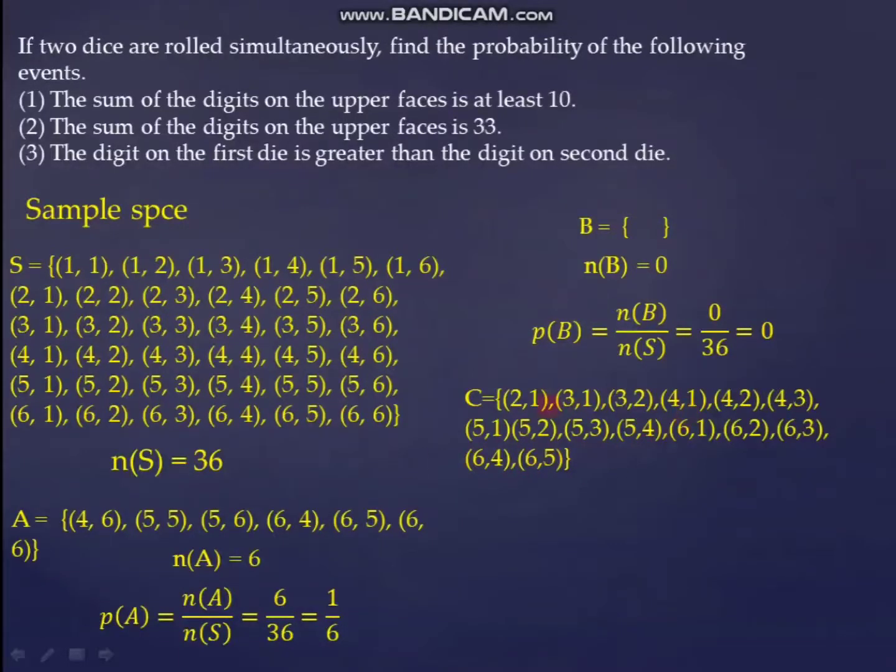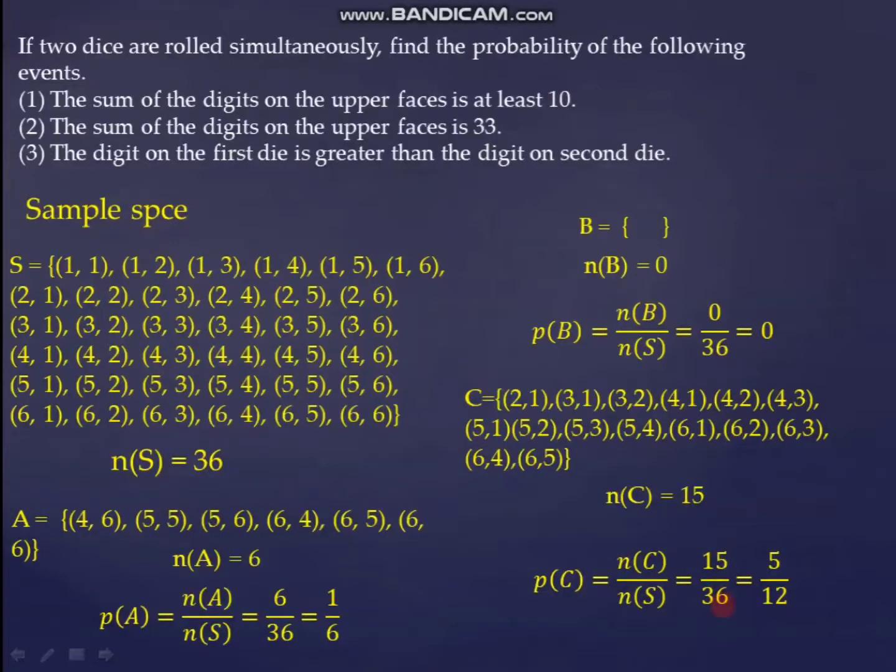So for all these points, if we compare, the first digit is greater than the second one. That's why these are the sample points which satisfy the given condition. That's why we have a total of 15 such points. Therefore, n of C is equal to 15. Now we can find the probability of this event by using the formula P of C is equal to n of C divided by n of S. So n of C is 15 here, and n of S, that is the number of sample points in the sample space, is 36.